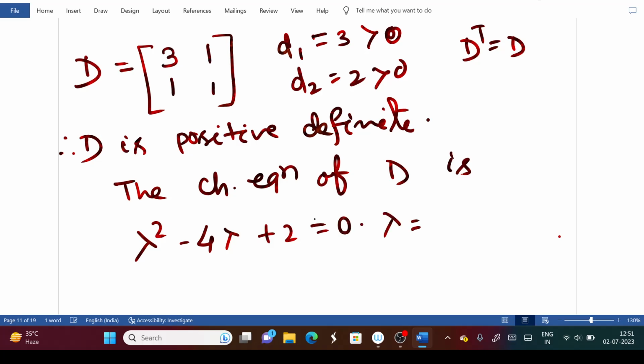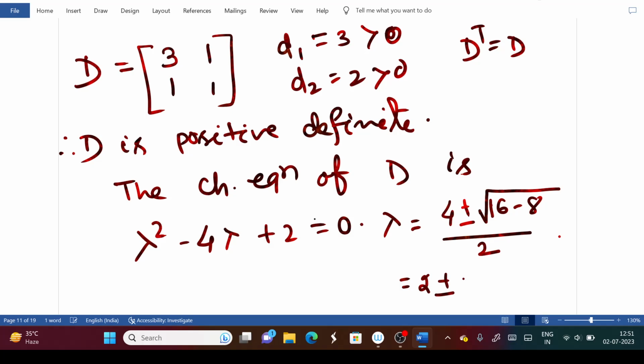So lambda is equal to 4 plus or minus the square root of 16 minus 8, over 2. These values are 2 plus or minus root 2.